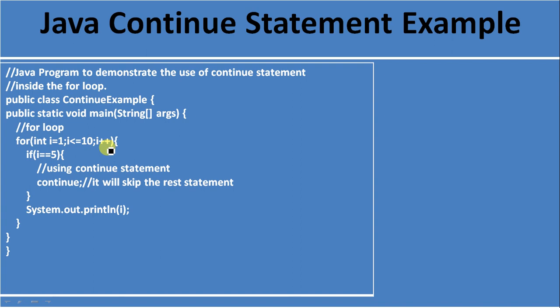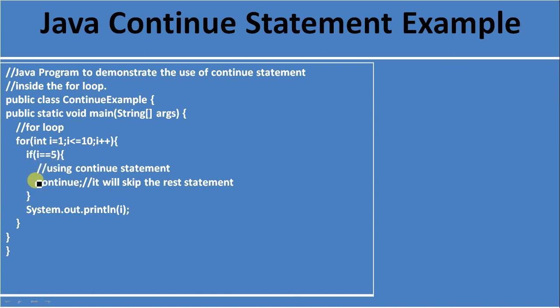And we are putting one if condition: if i equal to 5, then continue. And System.out.println the value of i. If I do not put this if condition, this for loop will print the numbers 1 to 10. But if I put this if condition, as the control reaches i equal to 5, it continues, meaning it will not print the value of 5.